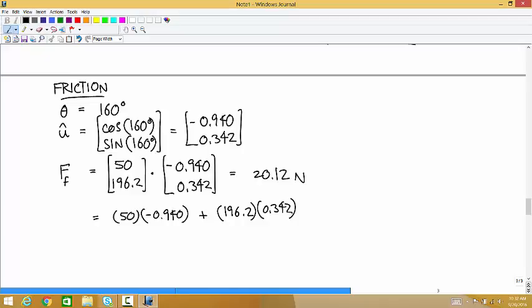Any other questions about this one? Yep. So we did the dot product, and they asked for the magnitude, right? The scalar, because that's why we did the dot product. Okay. What if they ask for the vector components?